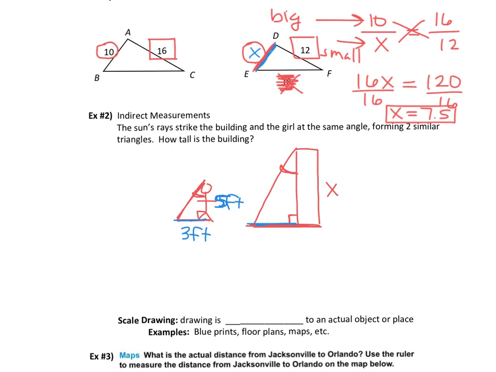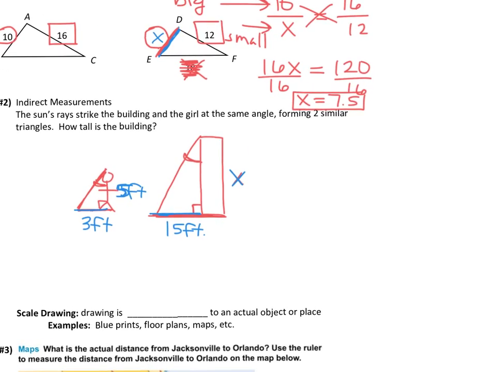So we can just measure off that shadow, and we find that the shadow is 15 feet. Just realized that I wrote something down wrong on here. And we want to know how tall the building is. That's our X here. Do you see a proportion that you can set up? Yeah. What would it be?